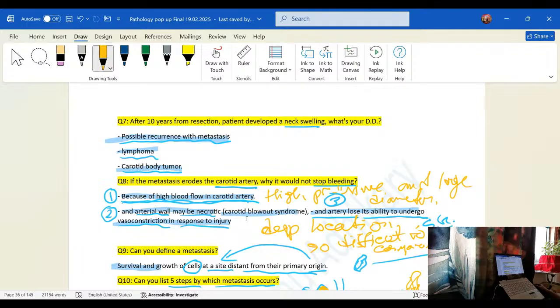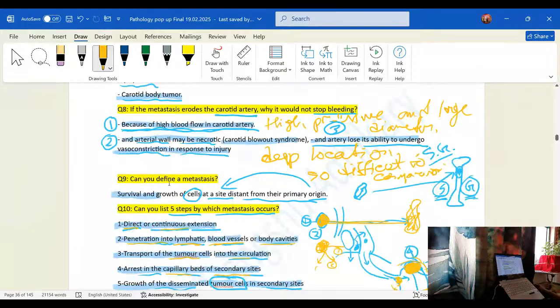Can you define metastasis? Survival and growth of a cell distant from its site of origin. First, direct or continuous extension.